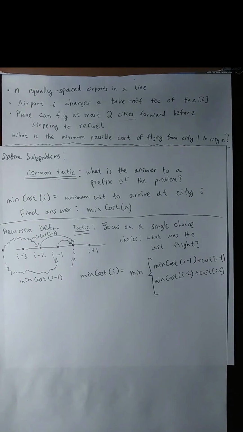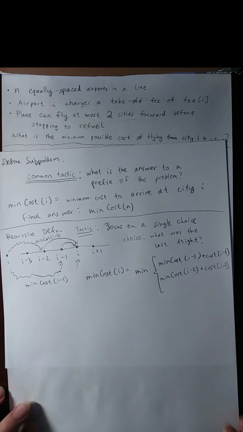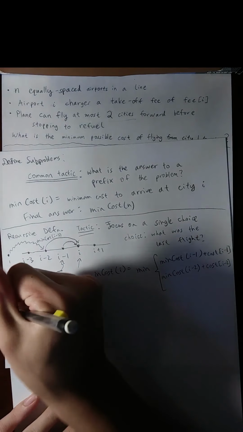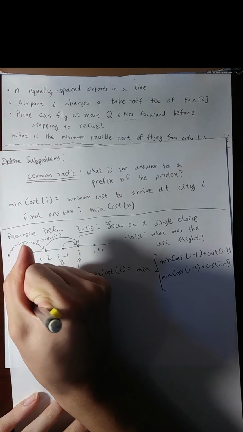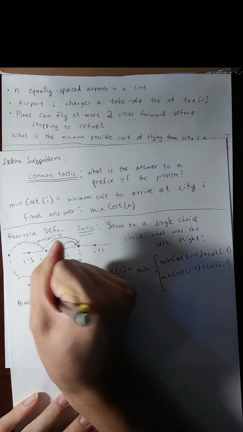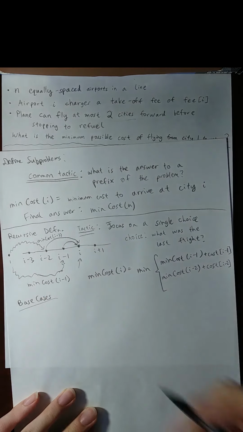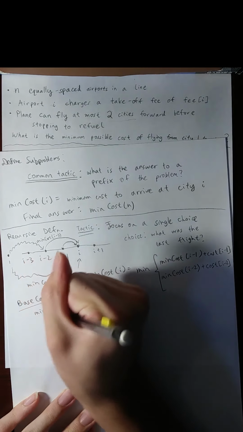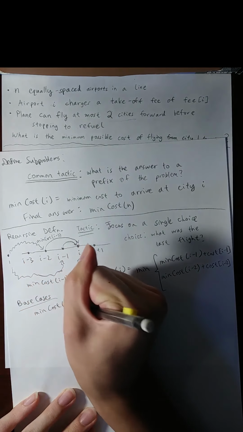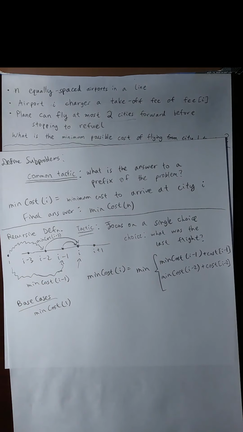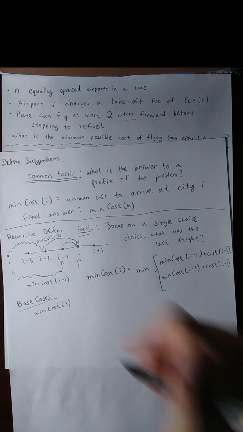Whenever we're doing a recursive definition, a small detail that is really important not to forget about is the base case. So let's just do the base case real quick. In this problem, the base cases are min cost of 1, or the minimum cost just to arrive at city 1. Since we started at city 1, it doesn't cost anything to get there, so that's just 0.